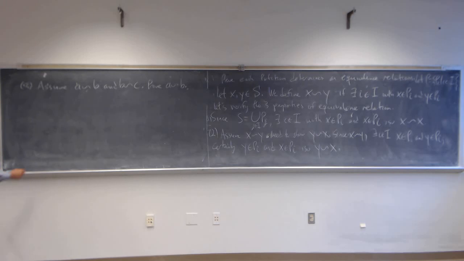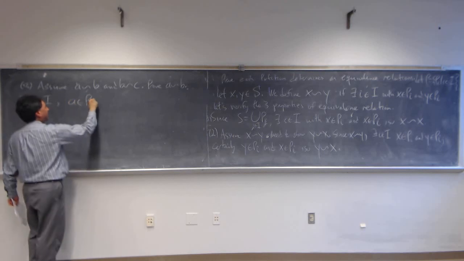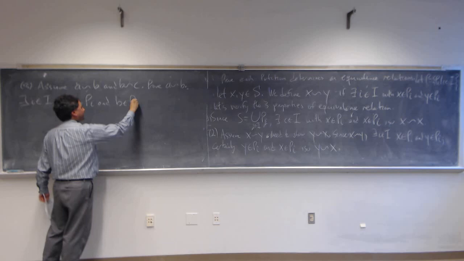What does that mean? So there exists an i in I such that A is in P_i and B is in P_i.